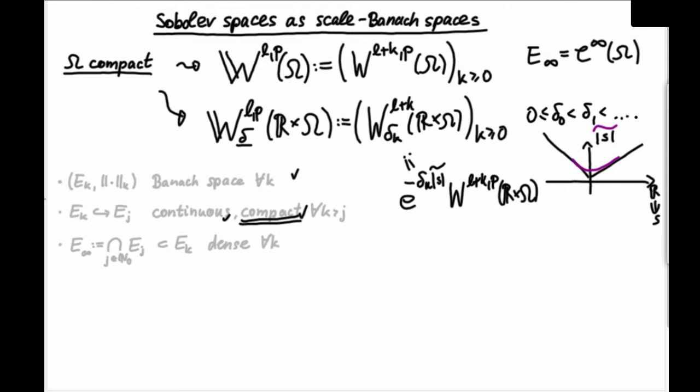And now I could try again and figure out what E infinity is. And that's a little complicated. So at least the smooth functions with compact support are in all these spaces, and they're also dense in my Sobolev spaces. Hopefully I know that.